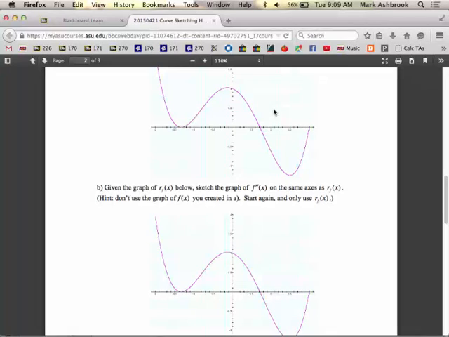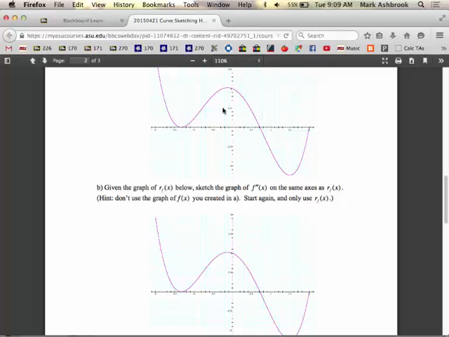I can't do it that fast. But anyway, this is going to be the original function that you drew here, and this is going to be the second derivative that you drew here.